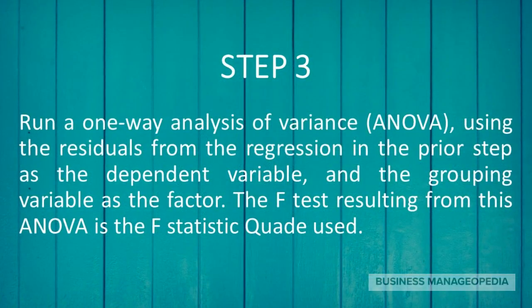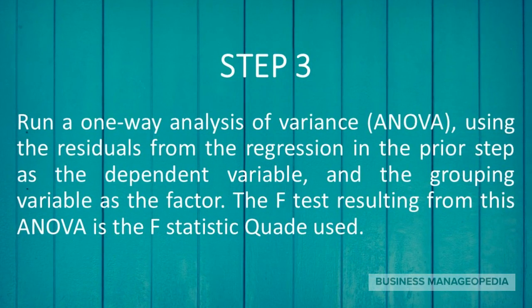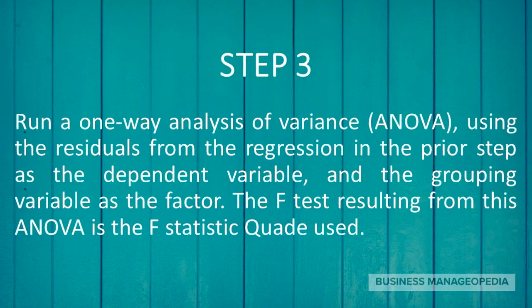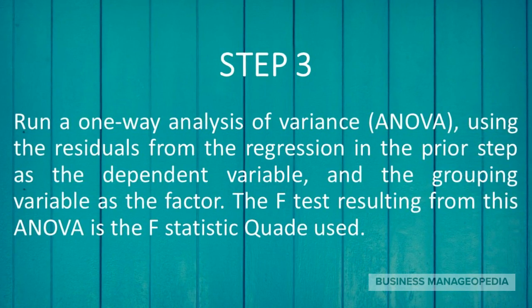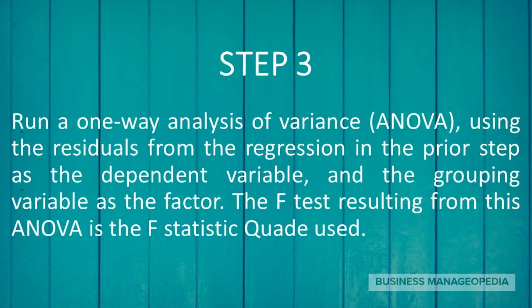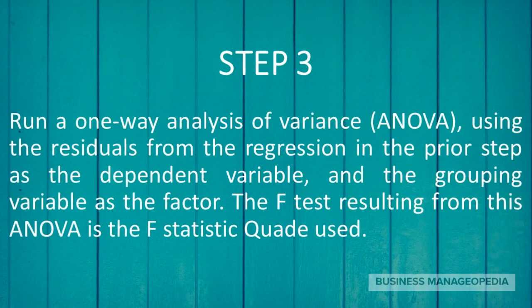Now we come to step 3. Here we will run a one-way ANOVA using the residuals from regression in step 2 as the dependent variable and the grouping variable as the factor. The F test from this ANOVA will be the F statistic that was used by Quade.